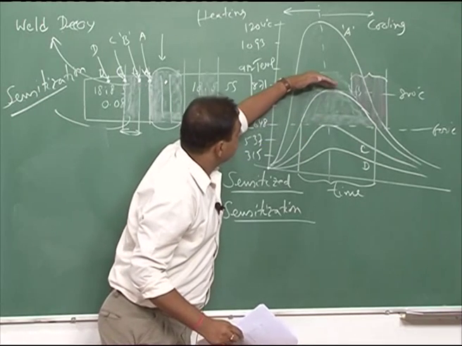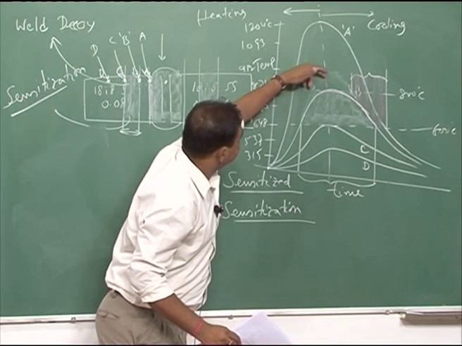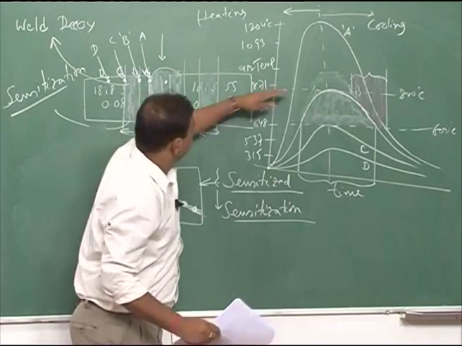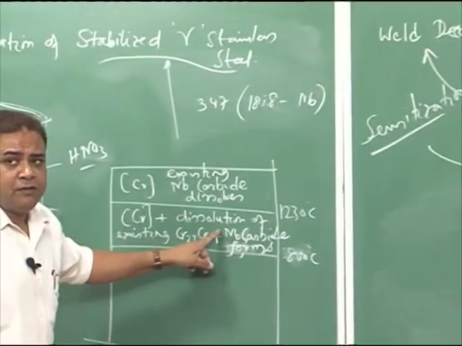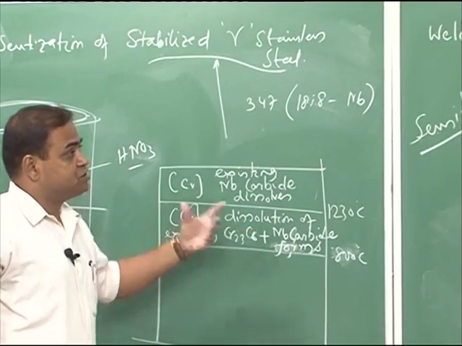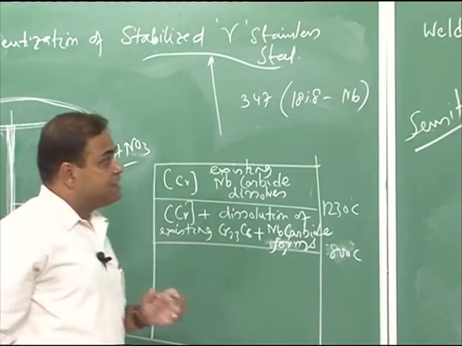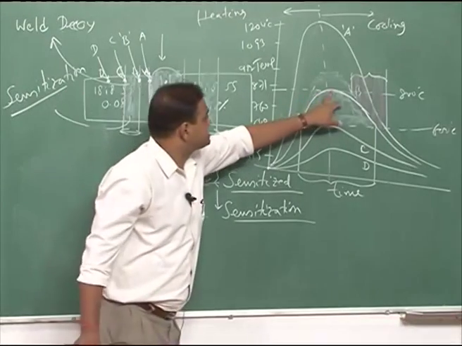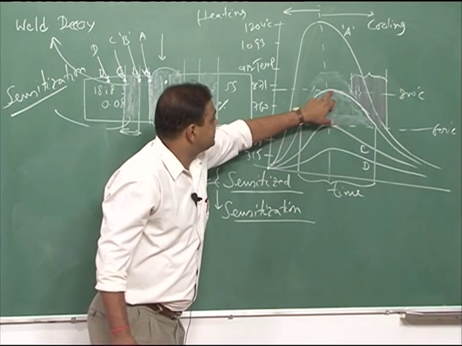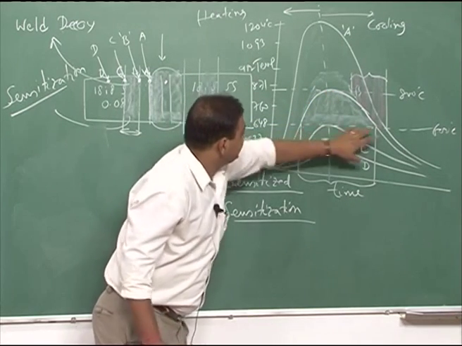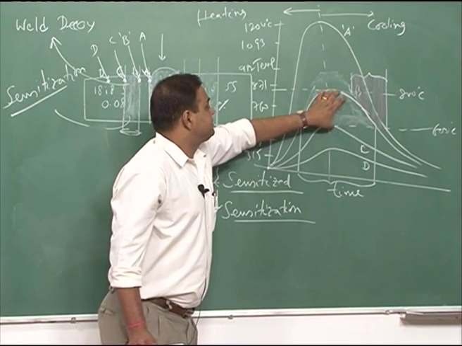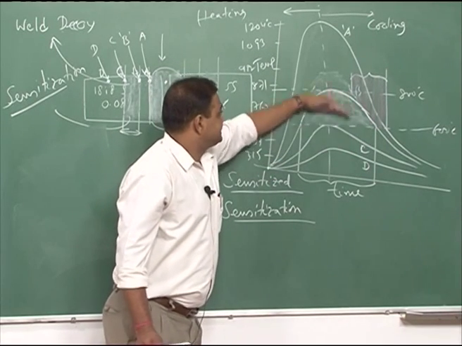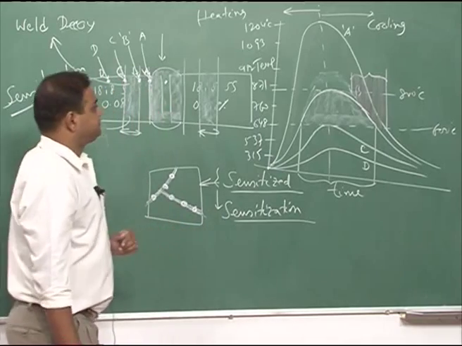If we raise the temperature in the B point beyond this level, this process would happen, and the chromium carbide would dissolve. But if the maximum temperature is around 800 degrees Celsius, then we would definitely have this much time frame where the system temperature remains in this sensitized temperature zone.